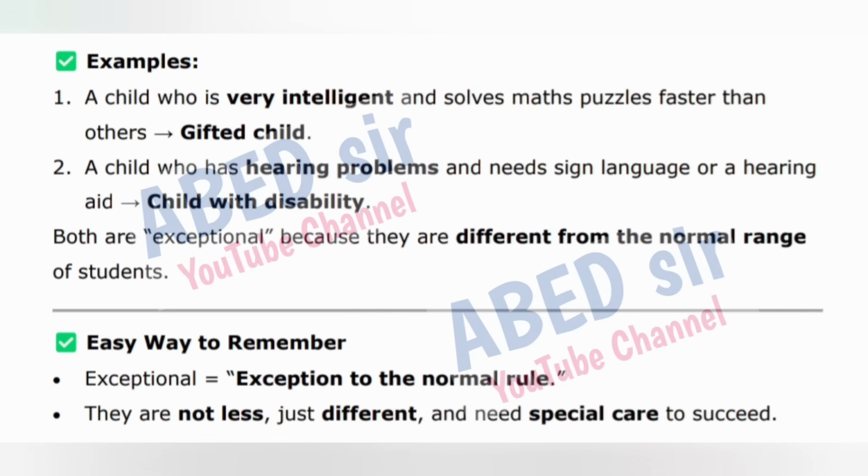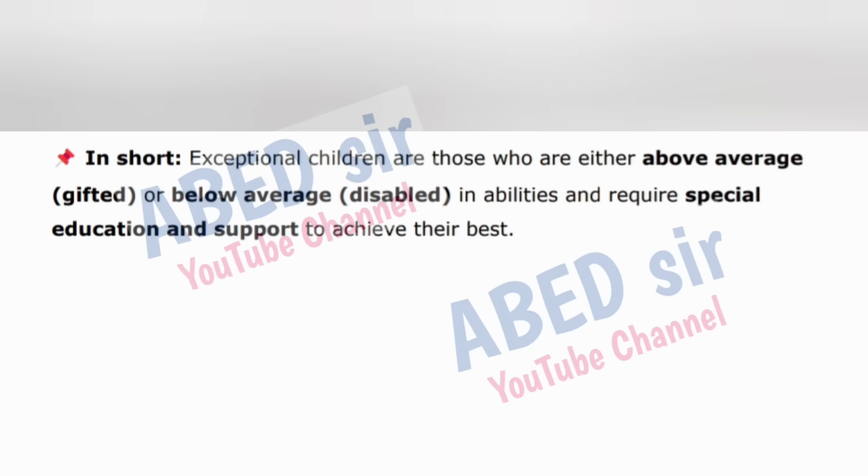Easy way to remember: exceptional is equal to exception to the normal rule. They are not less, just different, and need special care to succeed. In short, exceptional children are those who are either above average, gifted, or below average, disabled, in abilities and require special education and support to achieve their best.